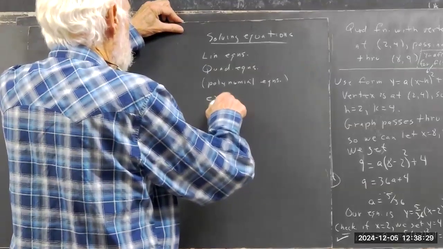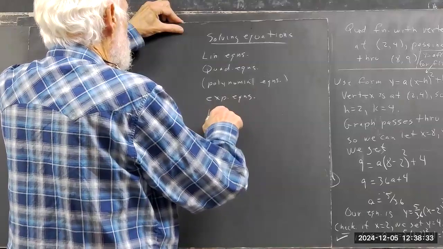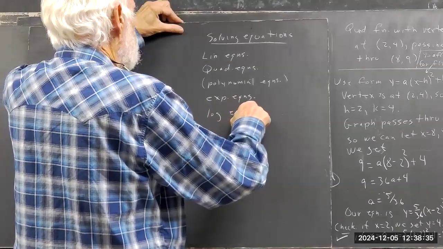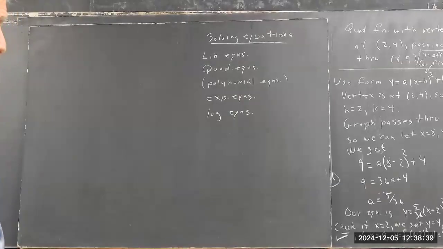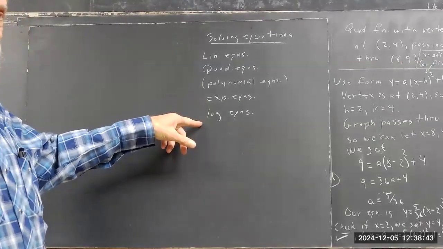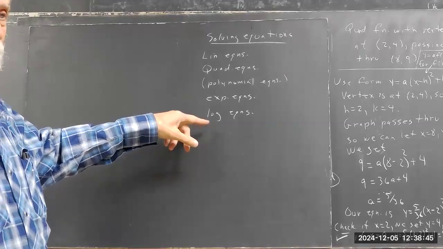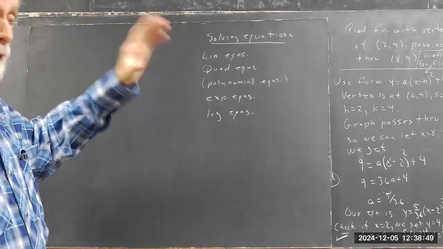Exponential equations. And logarithmic equations. Now, to solve an exponential equation, you're going to change it to a logarithmic equation. Solve a logarithmic equation, you're going to put it in the form of an exponential equation, if possible.